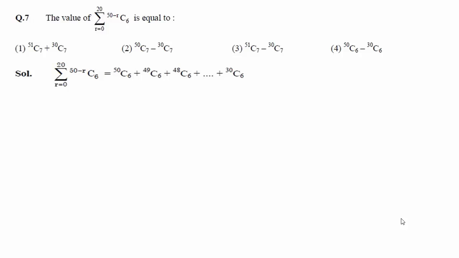That means the sum of all the terms from 50C6 to 30C6. This can be written as 50C6 plus 49C6 plus so on, plus 31C6 plus 30C6. We shall add one more term, 30C7, and subtract 30C7.